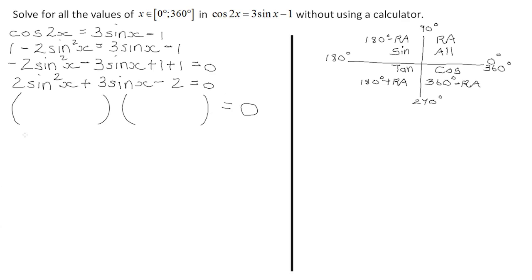If the sign of the constant is negative, we will have two factors with different signs, negative and positive. And then the first one there will be 2 sine x, and obviously sine x. And now we need to look at the factors.